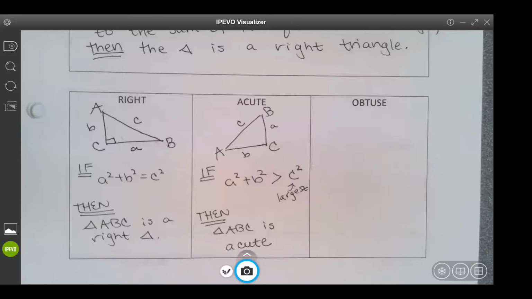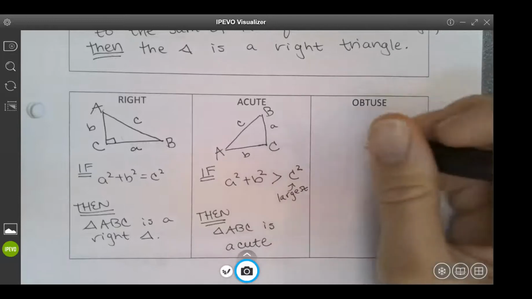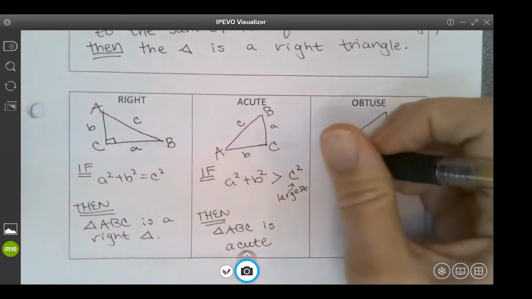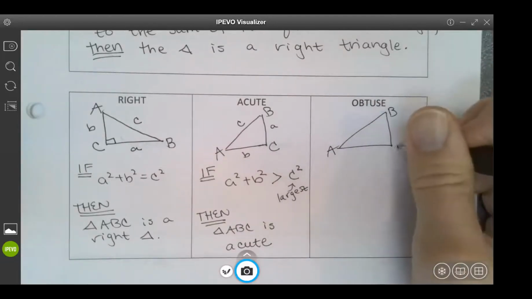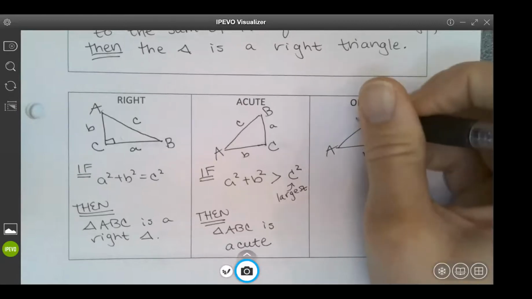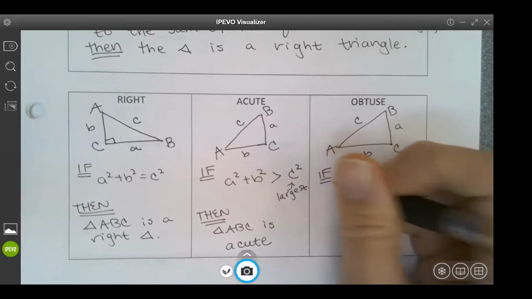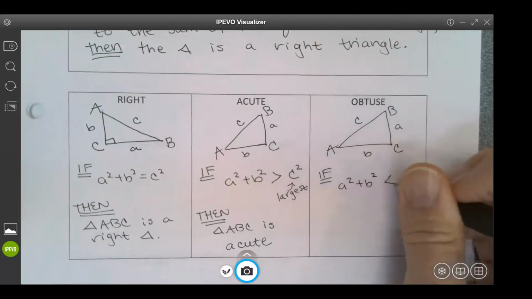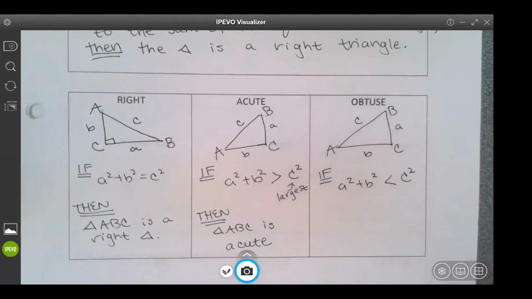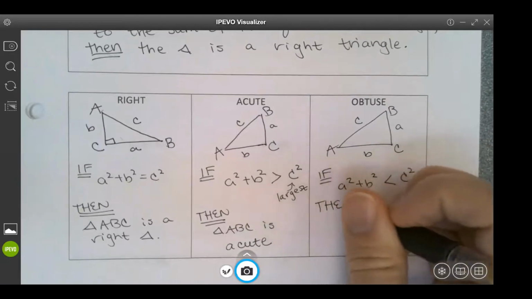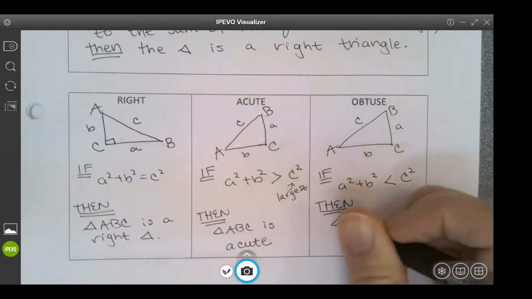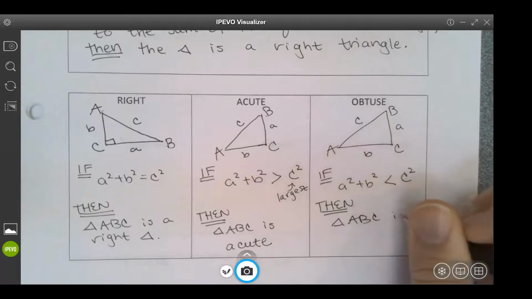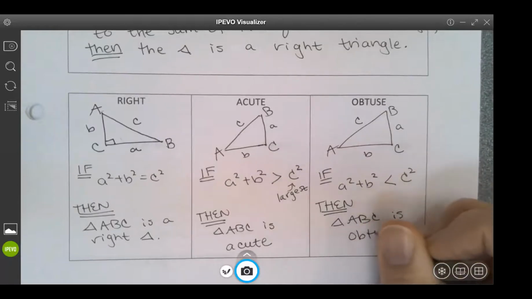And we can also tell, given three numbers, if it's an obtuse triangle. So again, if I had a triangle ABC, and if I look at the three sides and a squared plus b squared is less than c squared, then triangle ABC is obtuse.